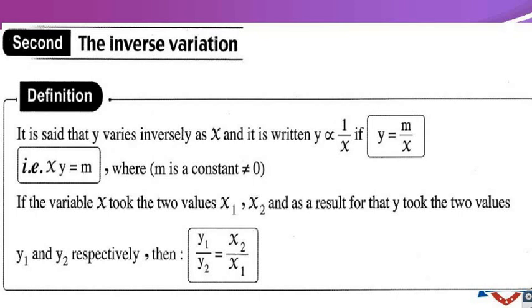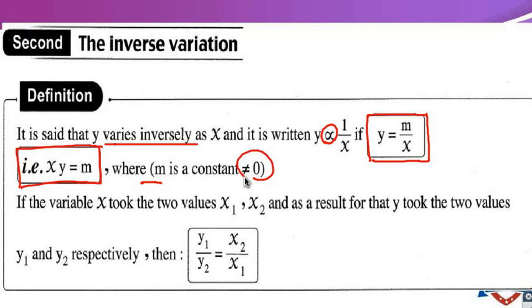It is said that y varies inversely as x, and it is written y varies inversely as 1 over x. Then y = m over x. Then xy = m, where m is a constant not equal to 0.